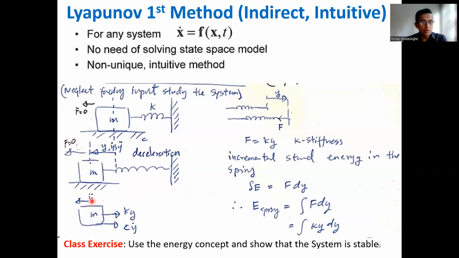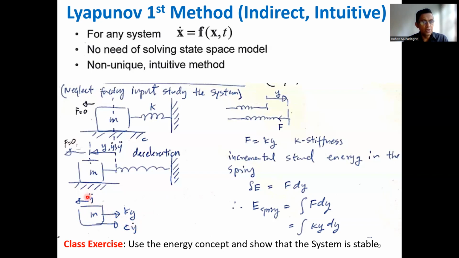You can select your direction of motion, the positive direction, freely. In this particular case, we have set left as positive. We have 2 forces to the right hand side, which is against the motion, ky and c y dot.